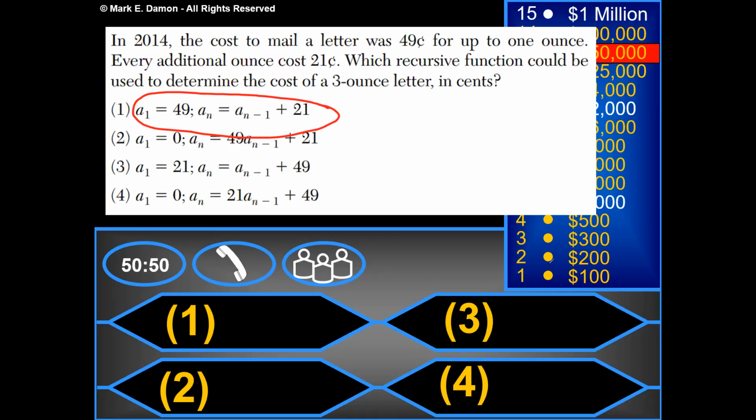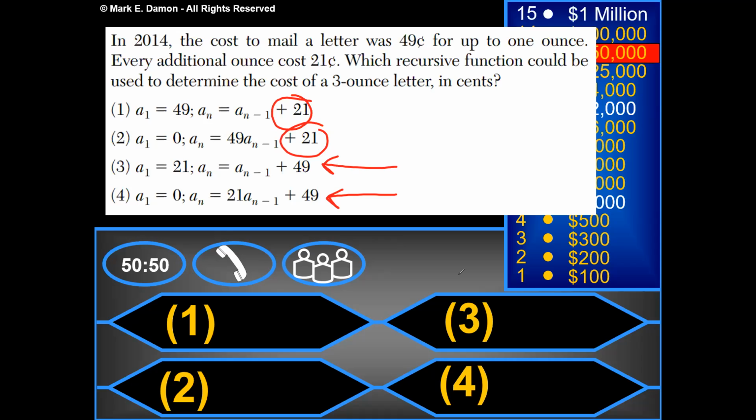All of these over here are saying you're going to add 49 cents, but that's not true. So we know we're going to be adding 21 cents, but the initial value is 49.